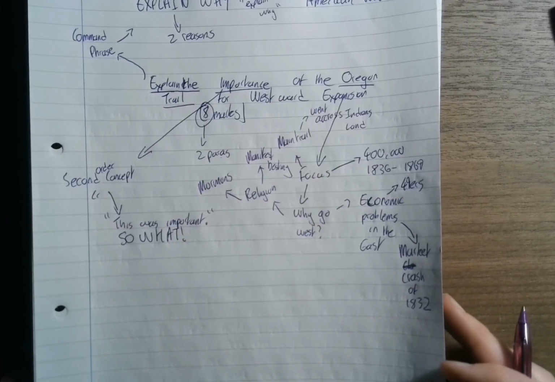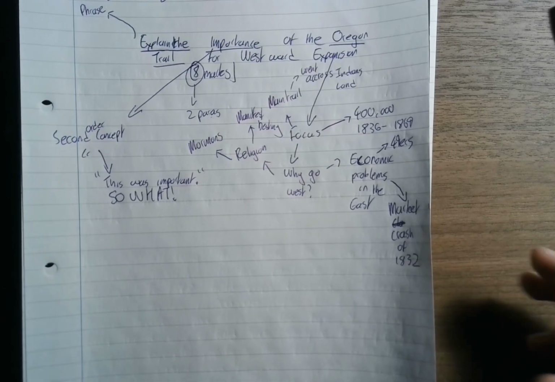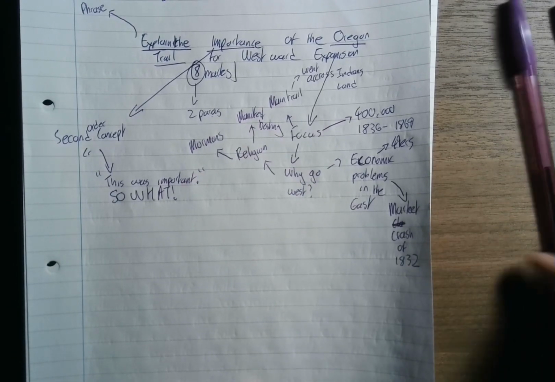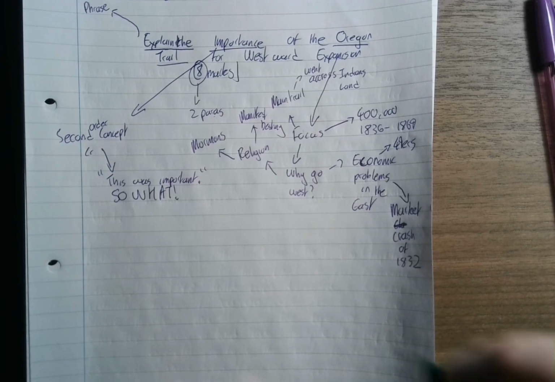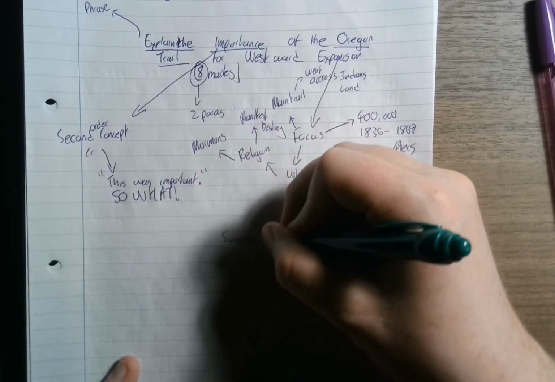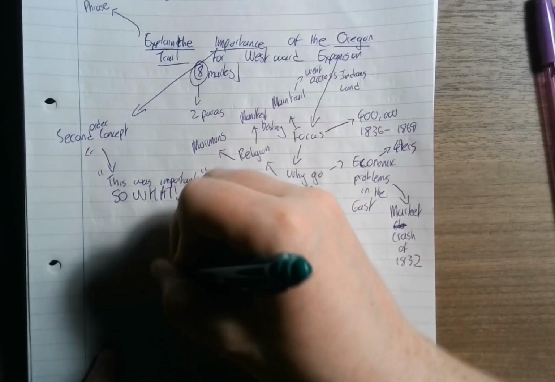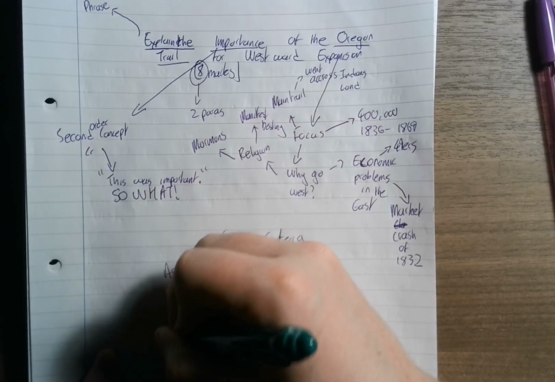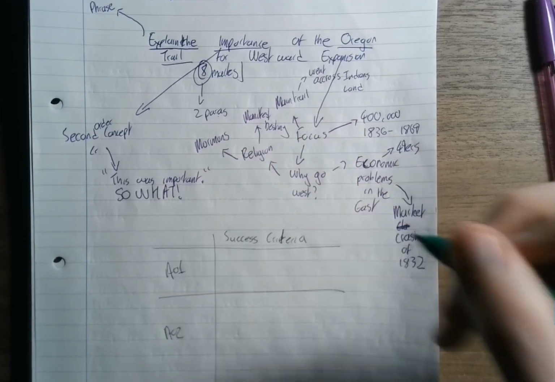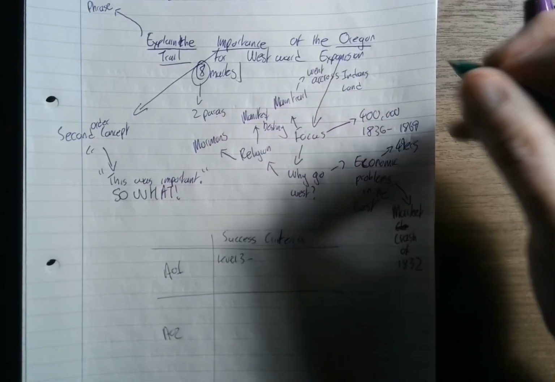So if you allow me, we will have a look at some success criteria. And again, I go back to the fact that this is the exact same as an explain why. It actually is a little cheeky explain why question for the American West. So let me put down my success criteria down here. AO1, AO2, and for level 3 here, again, a level 3 is not a grade 3, it's the quality of your answer.